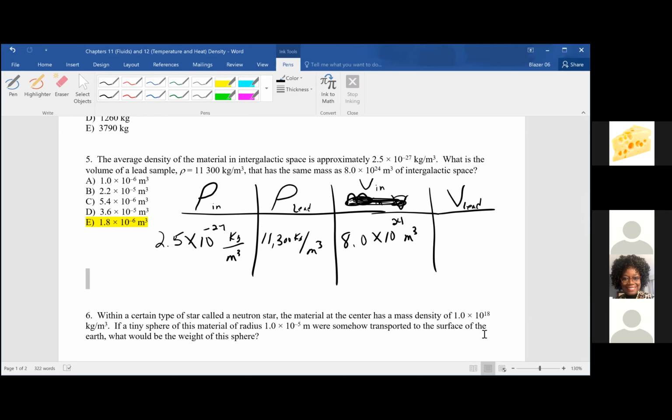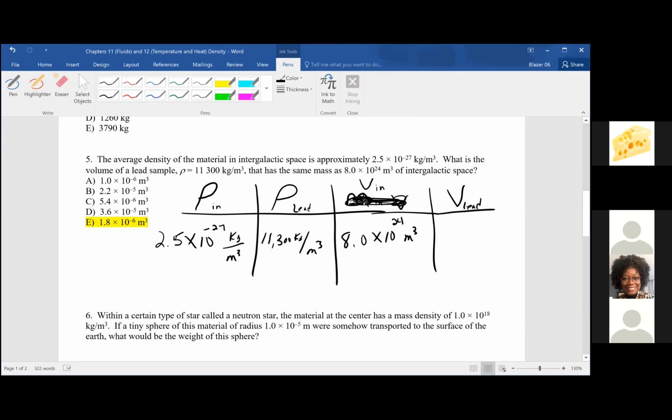Okay, so they want to know what is the volume of a lead sample that has the same mass. So that means we got to first find the same mass. So what is that same mass that's asking us to find? So first we have to find the mass of the intergalactic piece, right? It says the same mass.